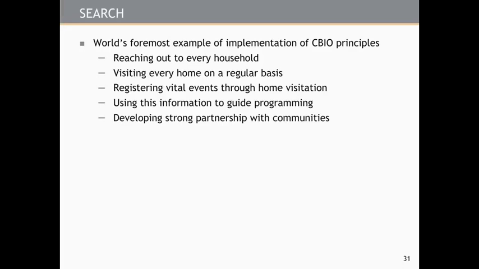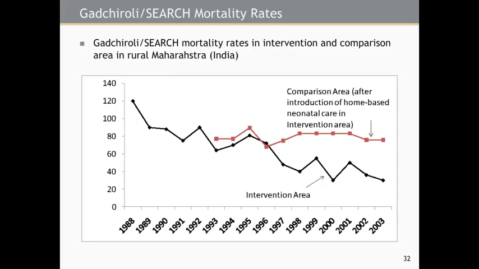And so SEARCH developed a very interesting approach to dealing with alcoholism, which continues on to this day. So SEARCH, as I say, the world's foremost example of the principles of CBIO that we talked about in the previous lecture.